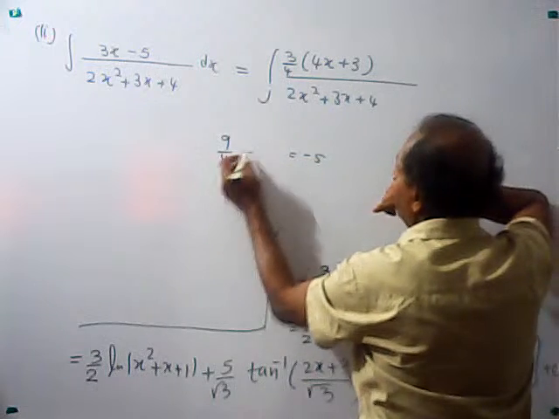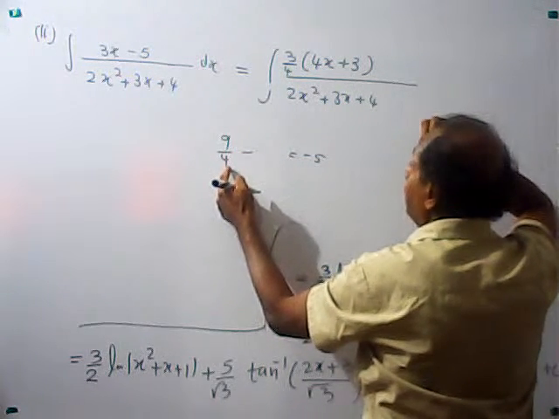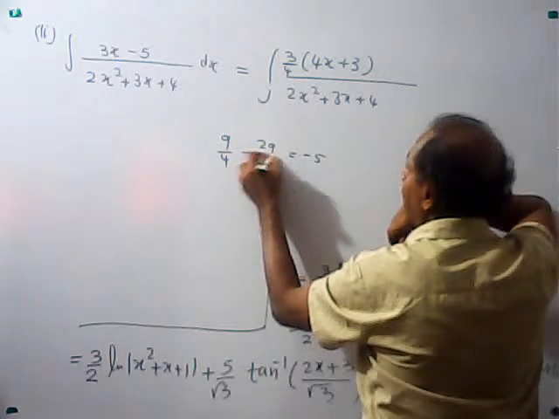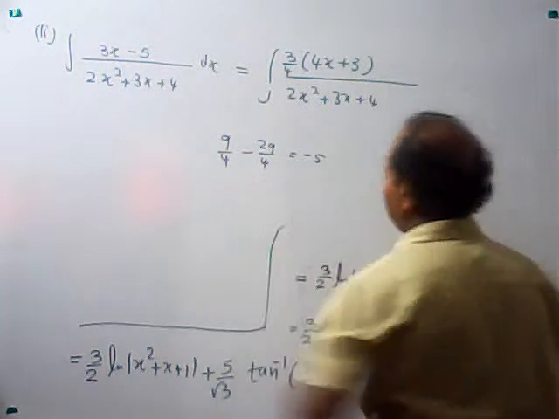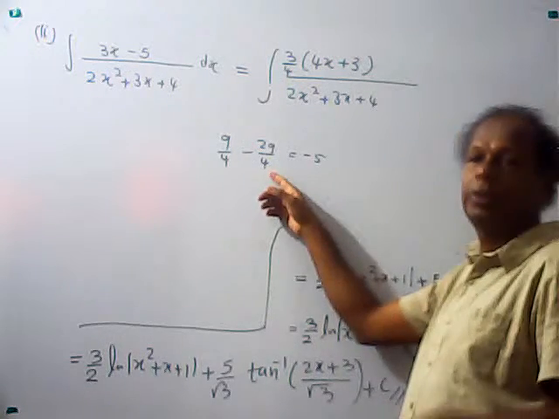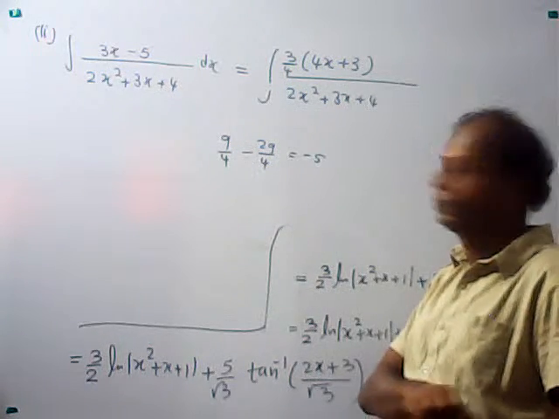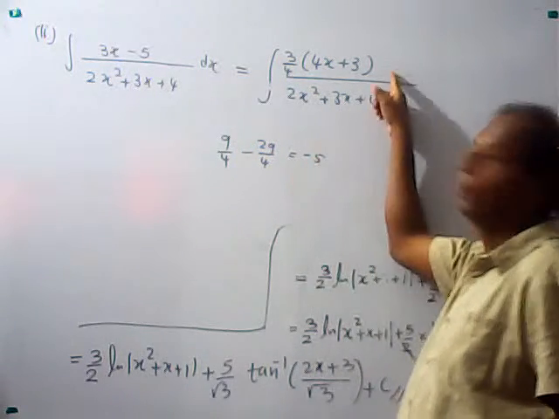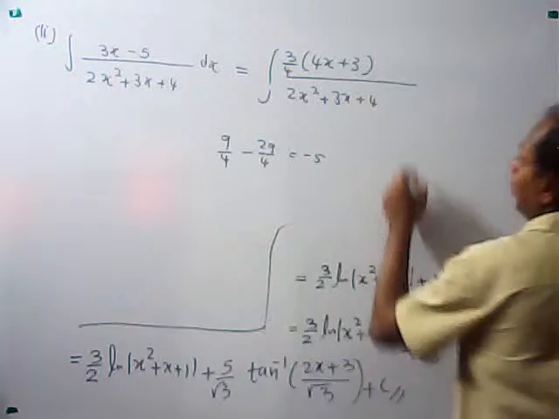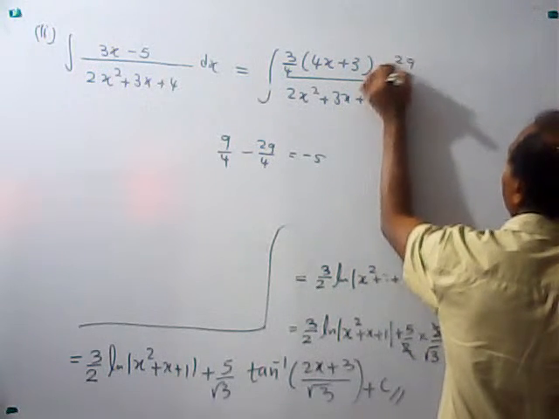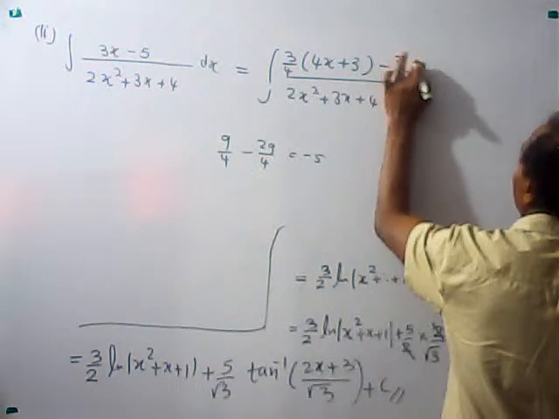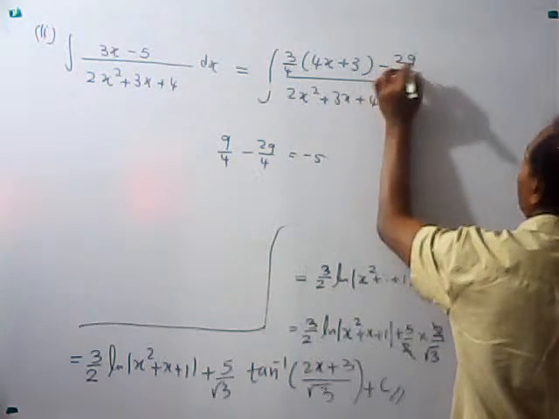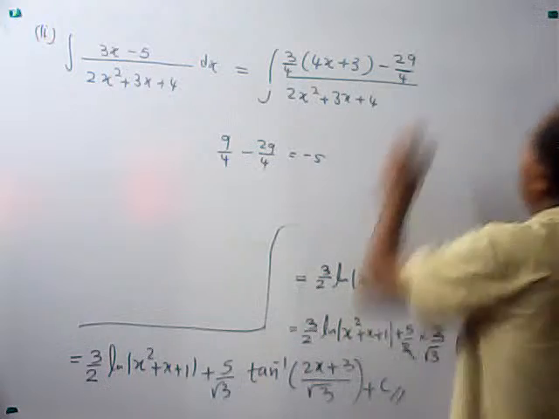To make it minus 5, we have to write another, like 29 over 4, minus 29 over 4, that one together. So that will be equal to minus 20 over 4 minus 5. So I'll write minus 29 over 4. Now I can break it into two parts.